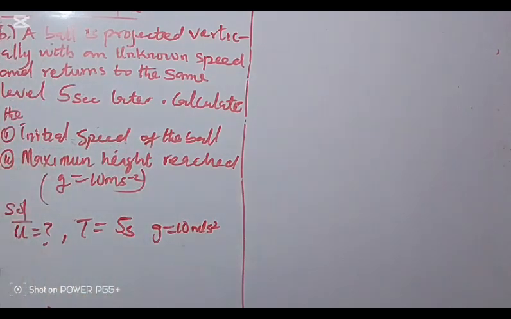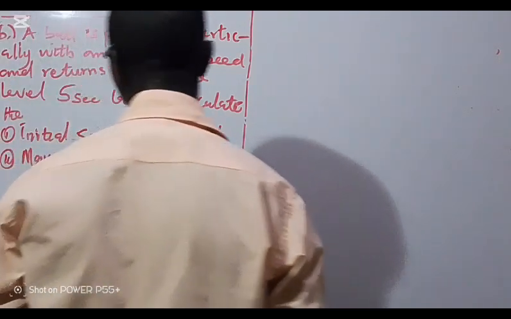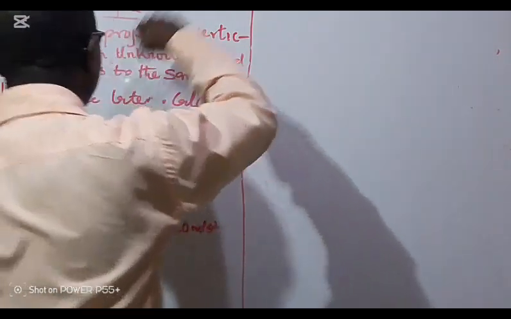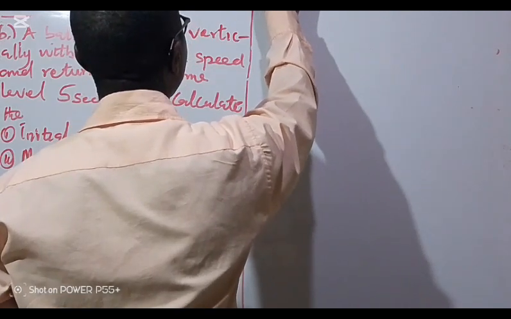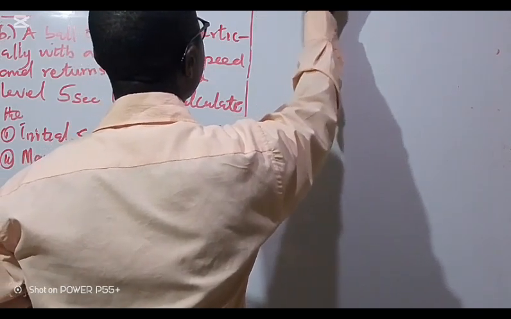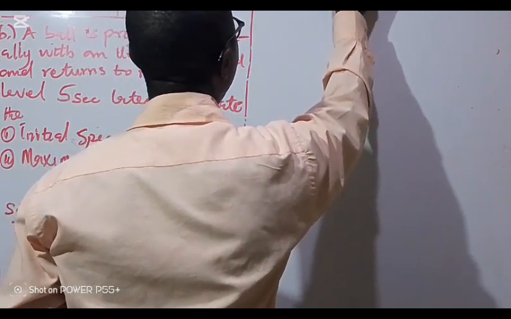Now the first question asks us to calculate the initial speed. To write our formula down, this body is projected vertically upward. That would be v is equal to u minus gt.